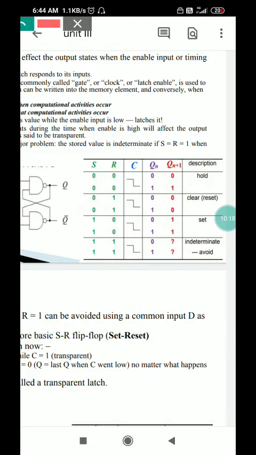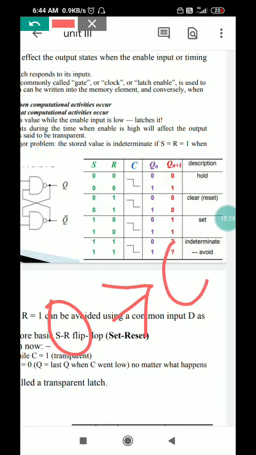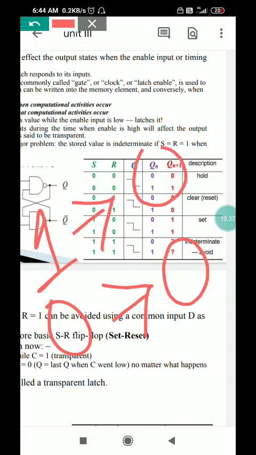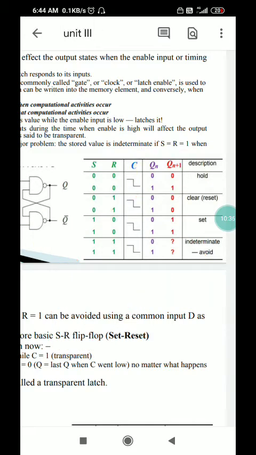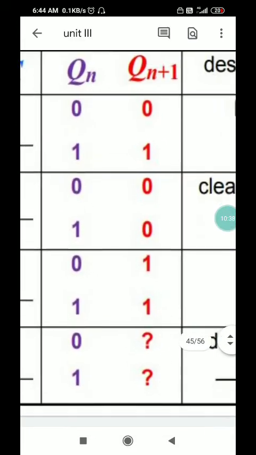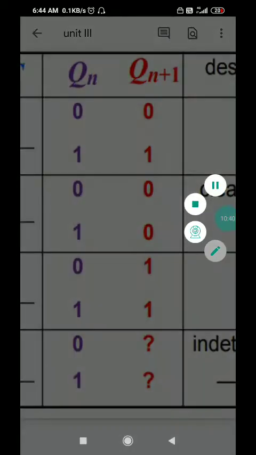Reset the flip-flop means what? You have to produce 0. If there was already 0, it will not make any change. It will keep 0 as it is. But if there was 1 and you applied this input, it will reset the flip-flop. It will make it 0. Right? That is what is shown. If there is 0 previously, it will continue.